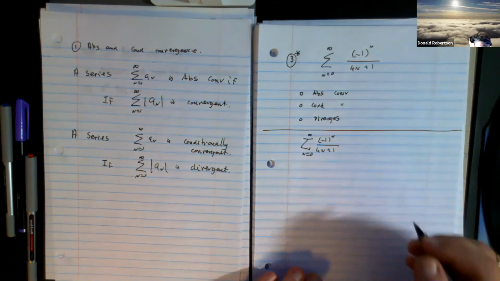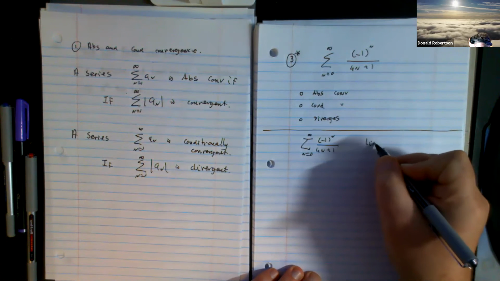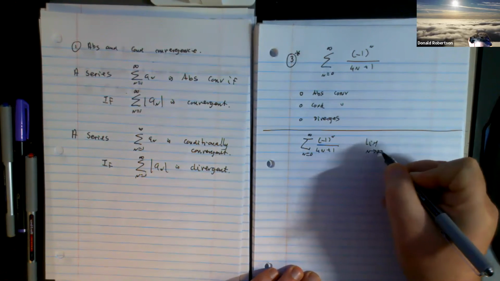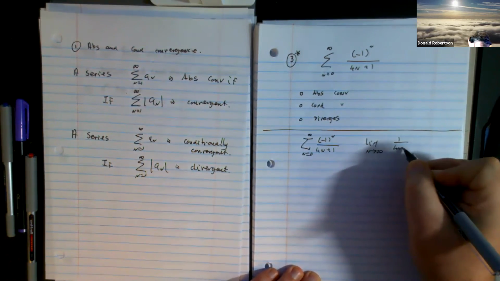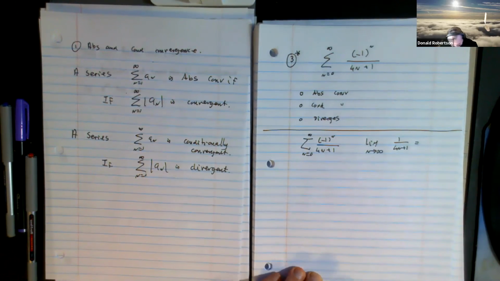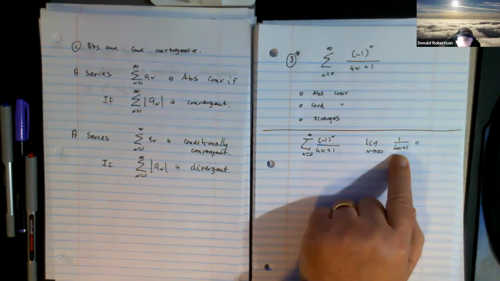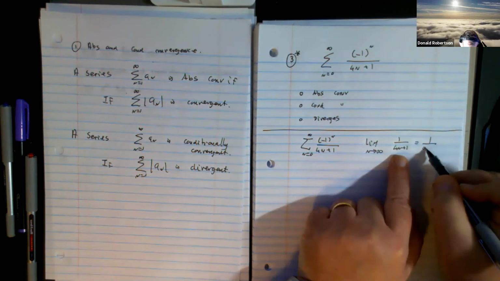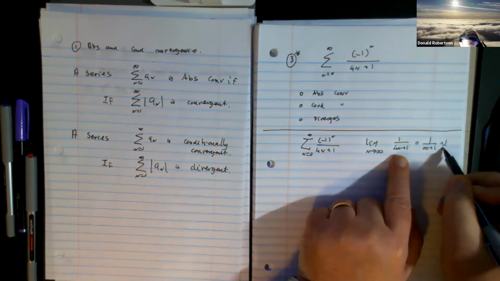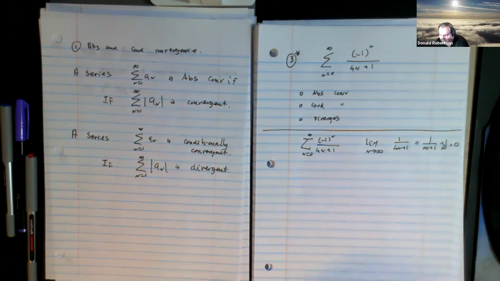Now, for an alternating series, I need to prove that the limit as n tends to infinity of this guy is 0. Well, I don't need to do a lot of hard work here. Can't I just brute force it? So, yep, it is definitely 0.